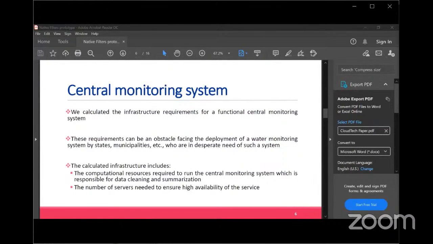The calculated infrastructure includes the computational resource required to run the central monitoring system, which is responsible for data cleaning and summarization, and the number of servers needed to ensure high availability of the service.